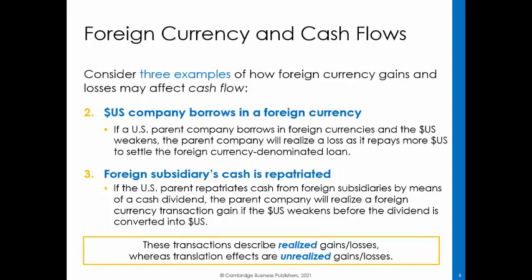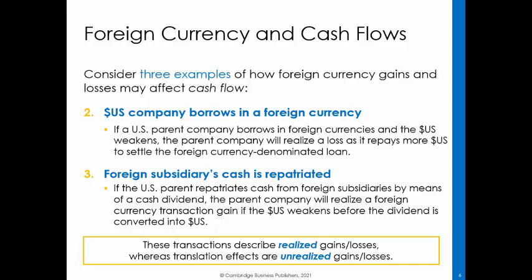The last situation is when a foreign subsidiary's cash is repatriated to the U.S. Most foreign subsidiaries maintain cash in foreign bank accounts for use in ongoing operations. If the U.S. parent repatriates the cash, however, by a cash dividend from the subsidiary to the parent, a foreign currency transaction gain may arise if the dollar weakens before the foreign currency is converted into U.S. dollars to pay the dividend.